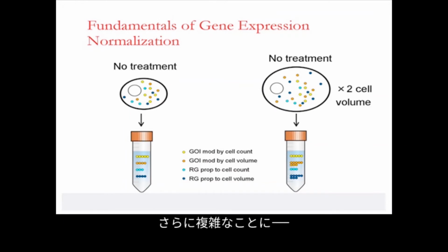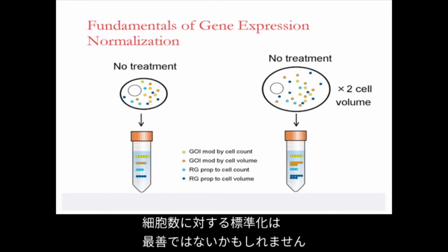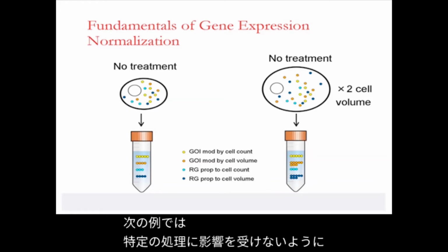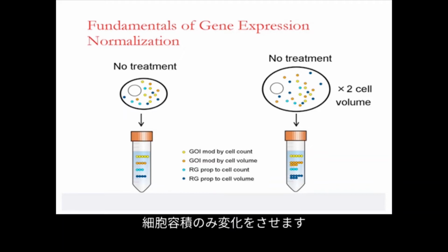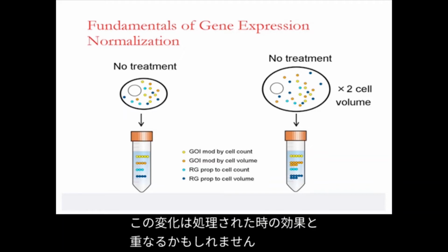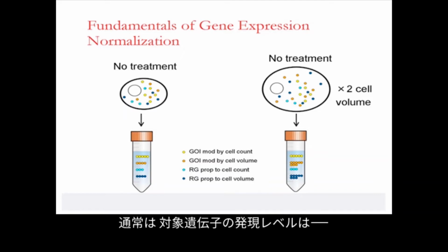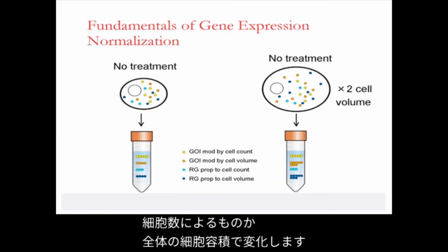To complicate matters even further, normalization to cell count may not be the most desired option. In this example, we have samples which, for reasons not directly related to a particular treatment of the study, vary in cell volumes. This variation may then overlap any effects observed by the studied treatment. In its normal behavior, we may then observe genes of interest whose expression levels are modulated by cell count alone, or modulated by overall cell volume.